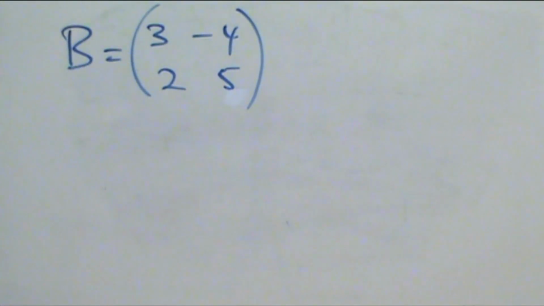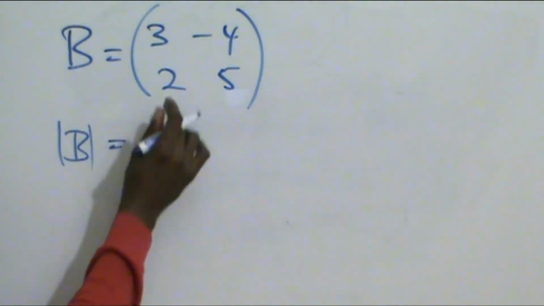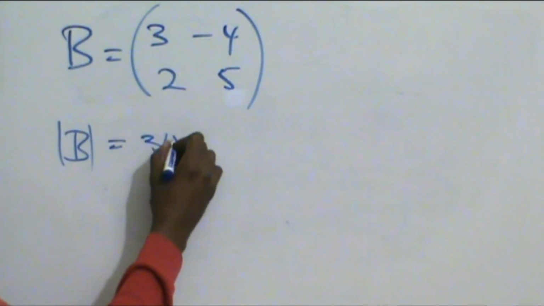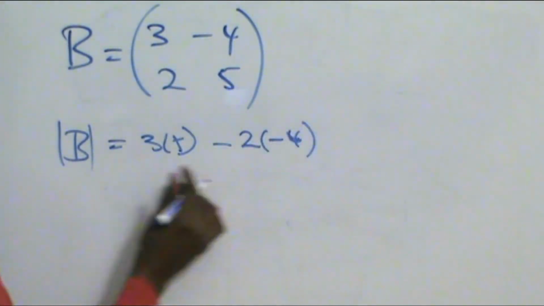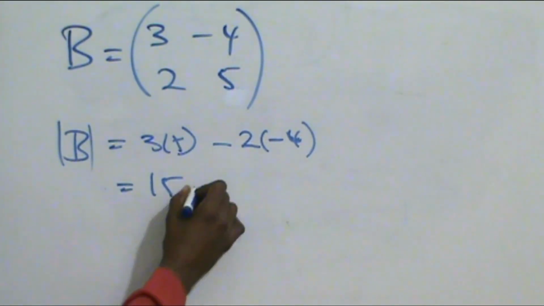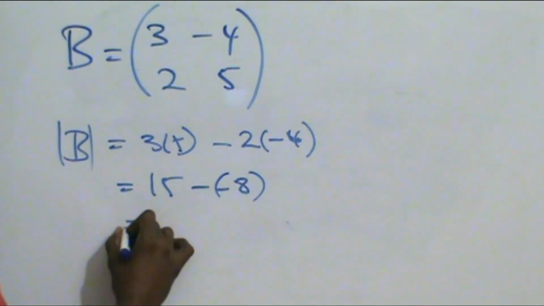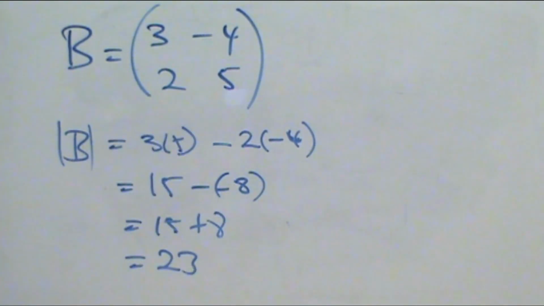The first thing we do is find the determinant. The determinant of B is equal to 3 by 5 minus 2 by minus 4. 3 by 5 is 15, and 15 minus minus 8 is the same thing as 15 plus 8, which is equal to 23. So the determinant of B is 23.